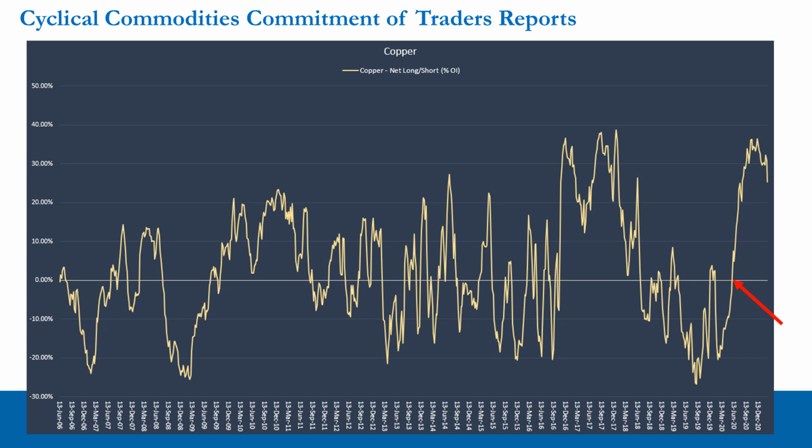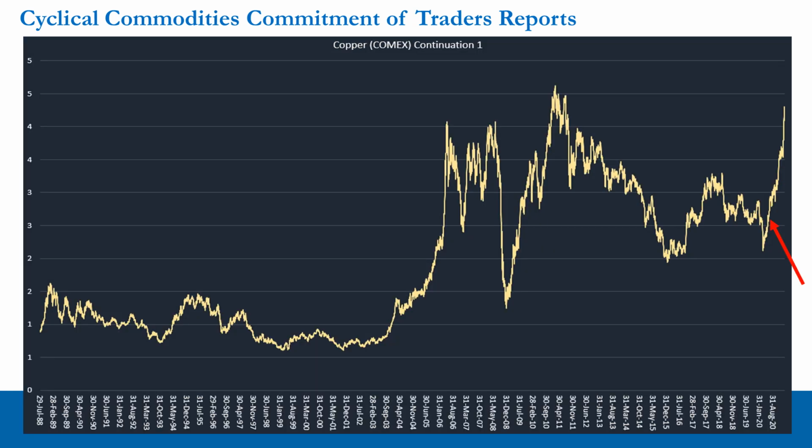And we see this data borne out in prices as well. So we can look at the copper price and what was going on at these times visually on the chart. So if we look at our cyclical commodity copper price during that period, mid-2018 to the end of 2019, you can see the copper price heading lower as the commitment of traders, the hedge fund community, gets less and less long and then flips to short and gets bearish.